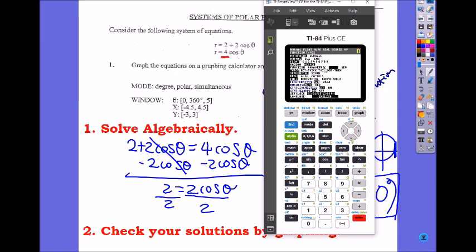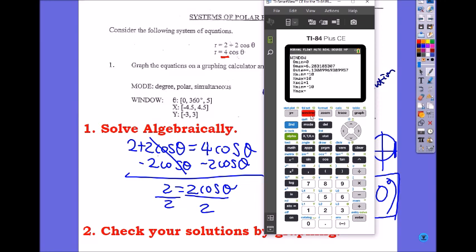When you look at the next two, it says sequential, meaning they're going to graph r1 first, and then they usually graph the second one after that. But we want to look at them together, so we're going to change it to simultaneous. We're going to graph them at the same time so we can see whether they crash at the same time. That's a solution. If they just go over the same point at different times, that's just a common point. They don't have the same r and theta.